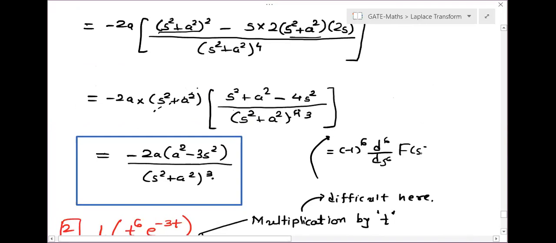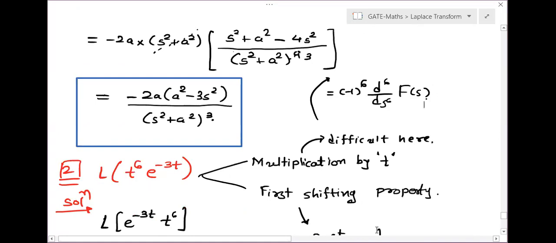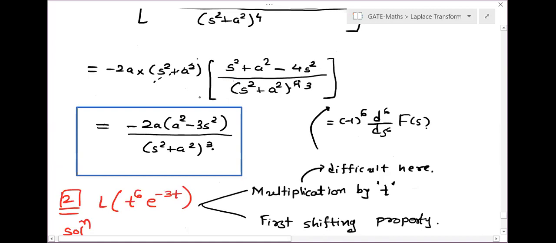Now what is your f of s? It is Laplace of e to the power minus 3t. Laplace of e to the power minus 3t is 1 upon s plus 3. So minus 1 to the power 6 is plus only, d to the power 6 by ds to the power 6 of 1 upon s plus 3. Please give me some response.